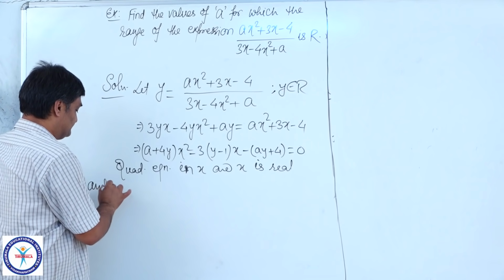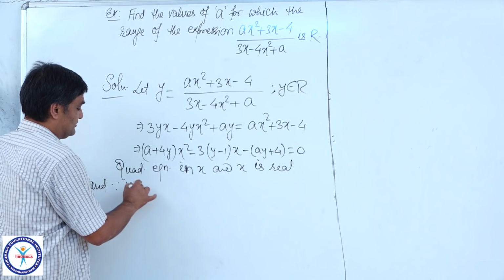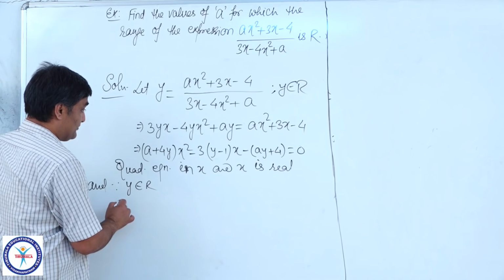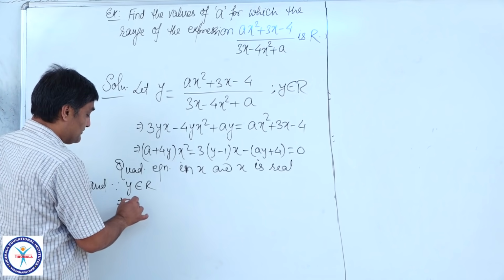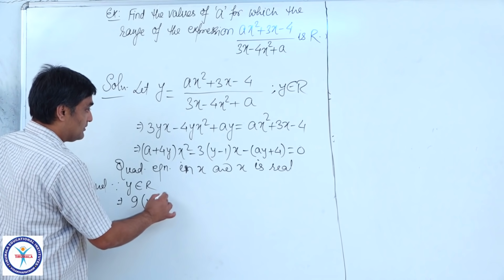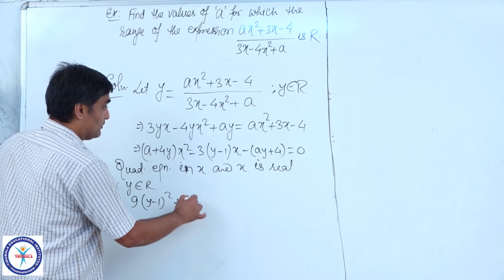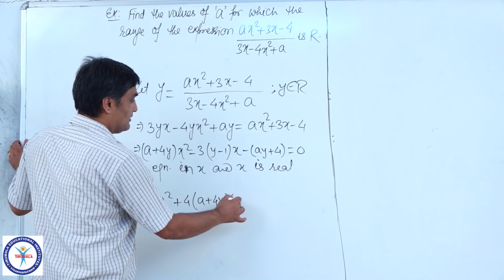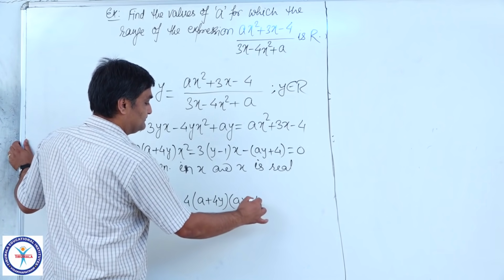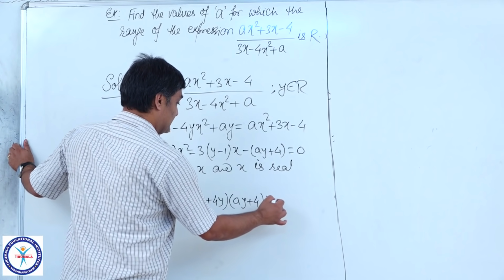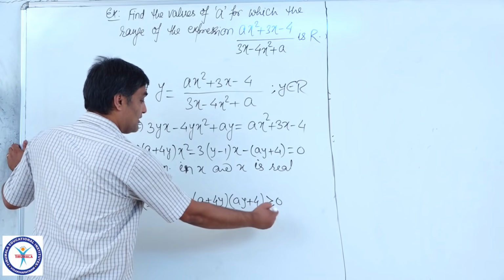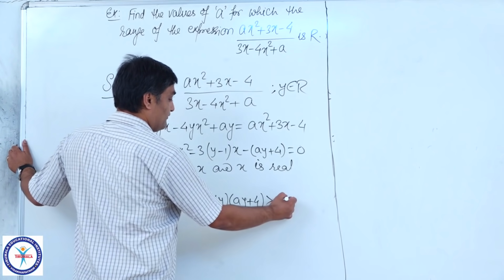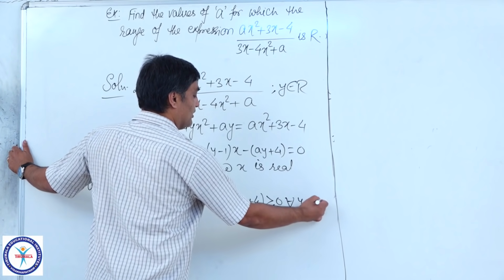Since y belongs to R, this implies the discriminant, b square minus 4ac, is greater than or equal to 0 for all y belonging to R.